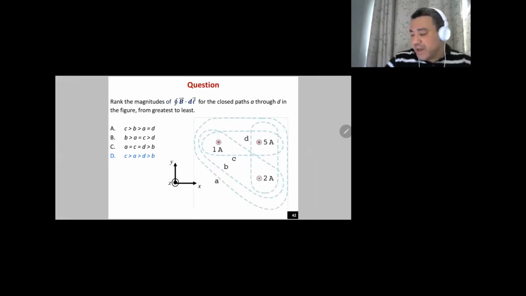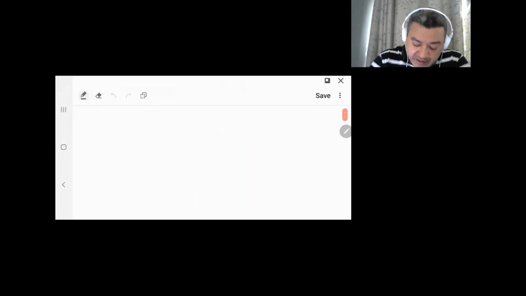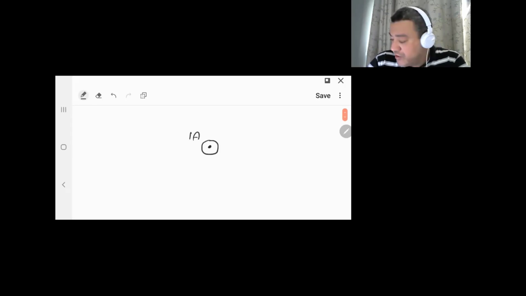So in this example, let me redraw the problem so it looks clearer to me. I'll open a new page here, and then I will say I have 1 ampere going out of the page.